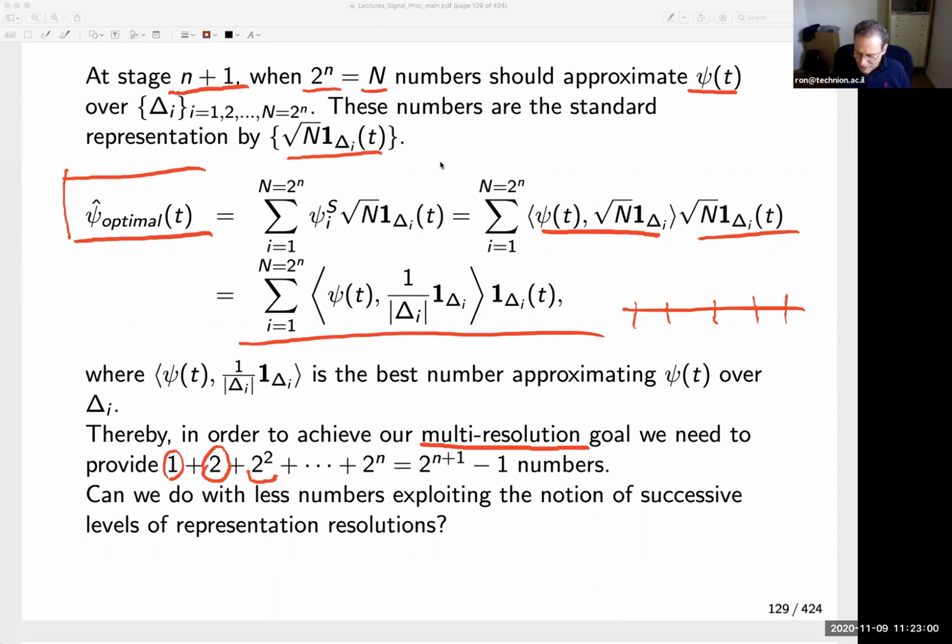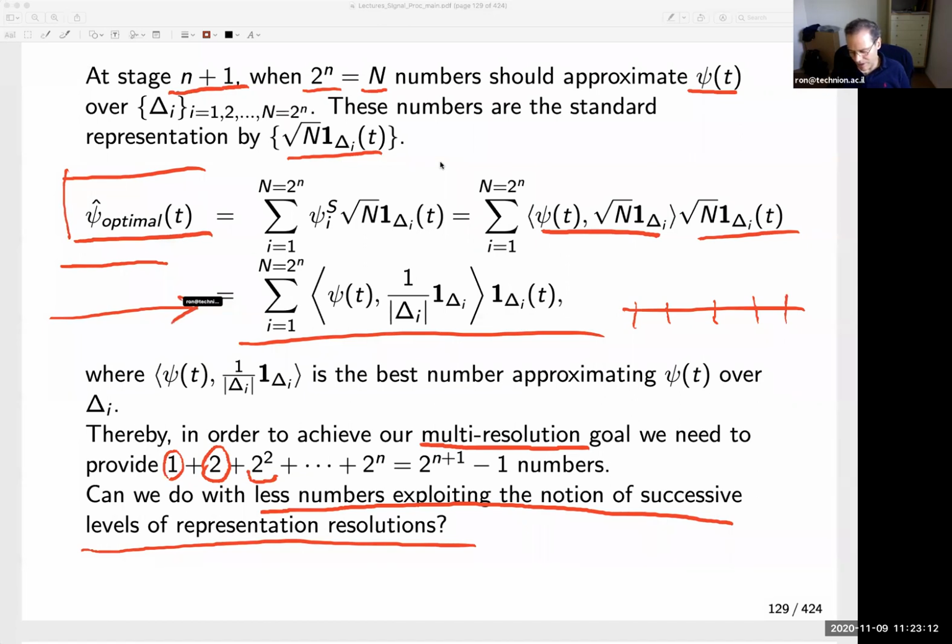And the question is, can we do with fewer numbers, exploiting the notion of successive levels of representation in the resolution? If, for example, we just multiply by the constant in order to represent the next resolution, do we need to supply two projections, or should one projection be enough? And it appears that one projection should be enough.